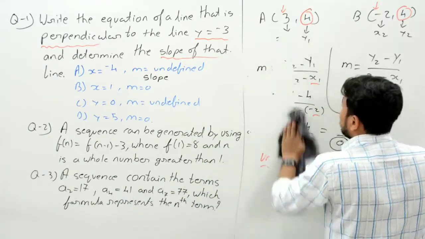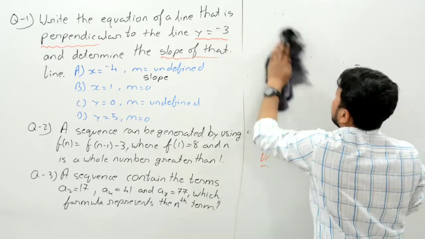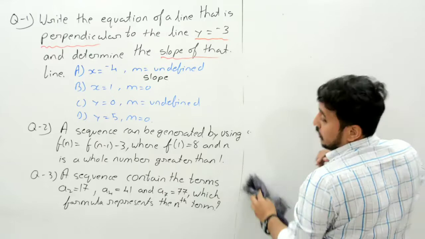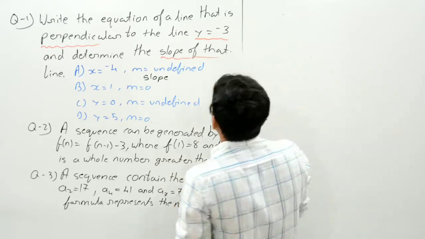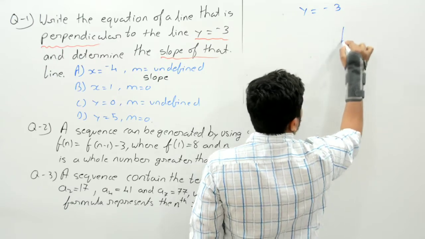Now again, moving back to the question, we need to find a line which is perpendicular to the given line, and the given line is y equals minus 3.